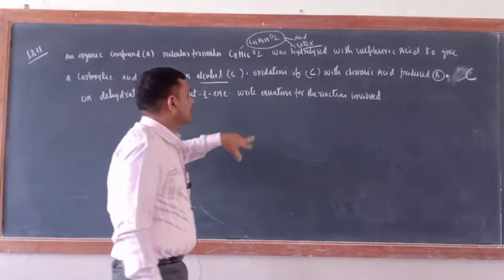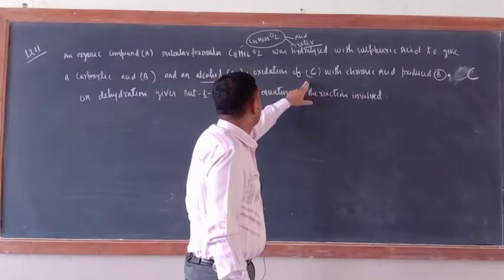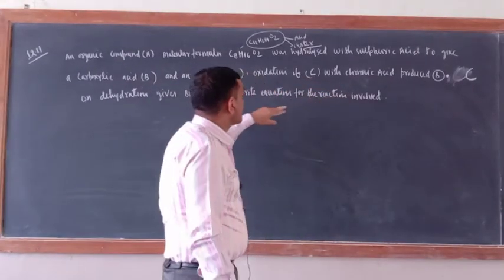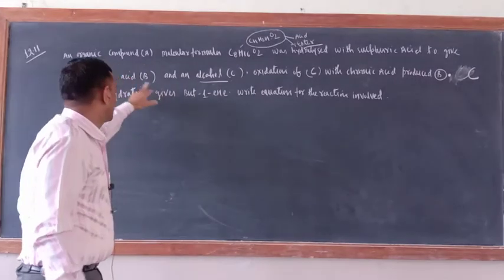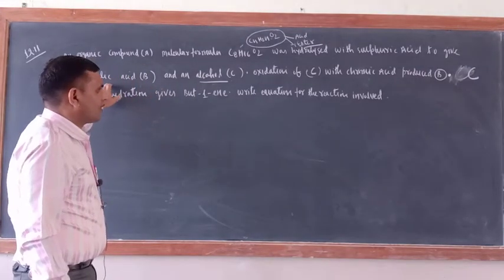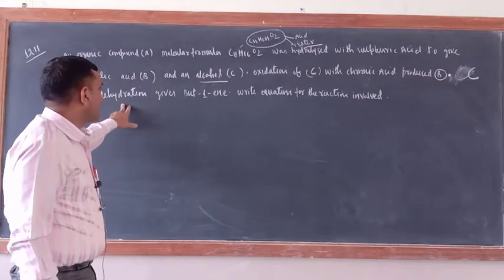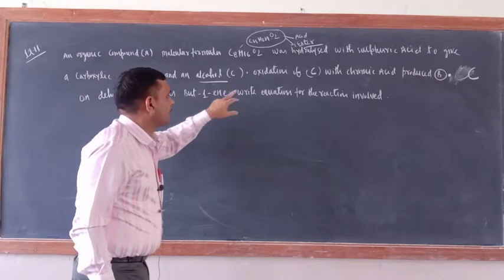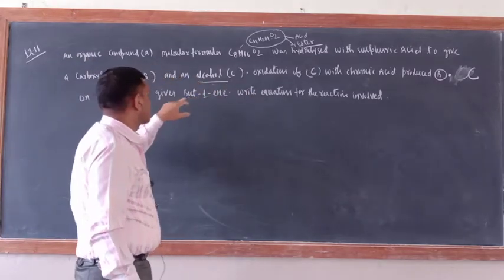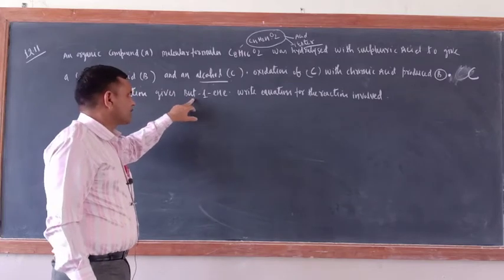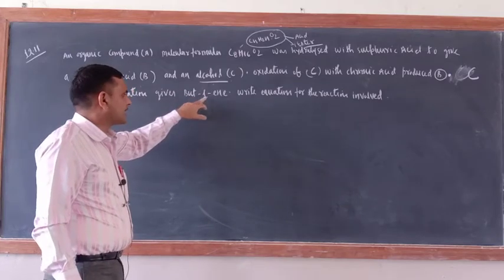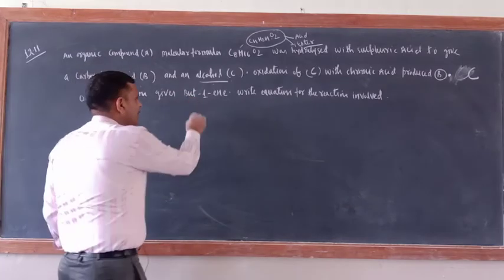Next hint is also there. C on dehydration gives but-1-ene. If this alcohol is subjected to dehydration, the product is an alkene, and it is forming but-1-ene.